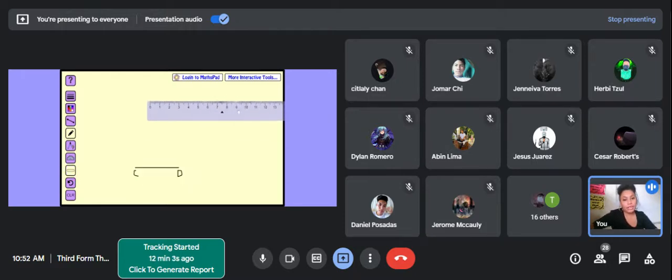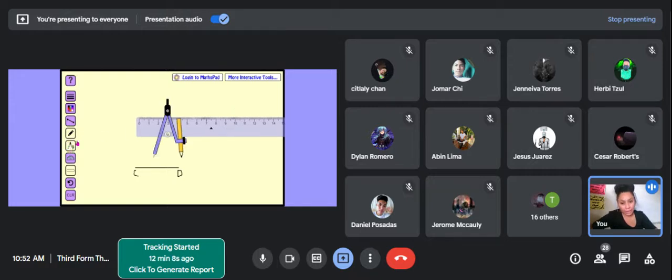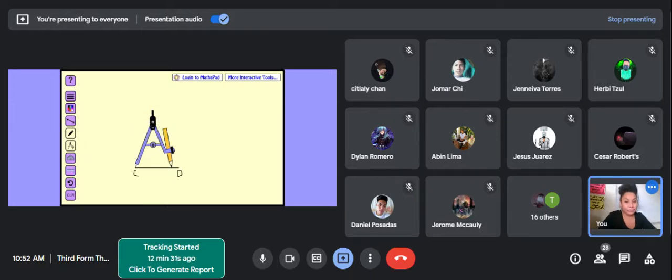After you have your line CD, you're going to take your ruler and your compass. You set your compass at 0, always exactly at 0, and you open your compass to 3.8. Once you have opened it to 3.8, you set it at point C and draw an arc.